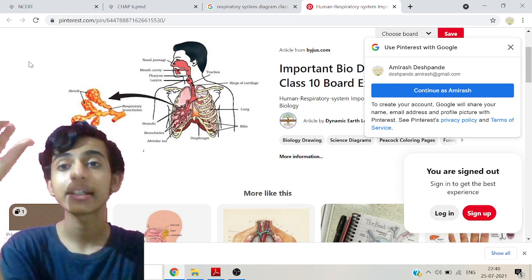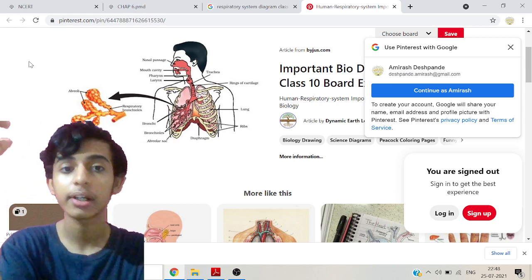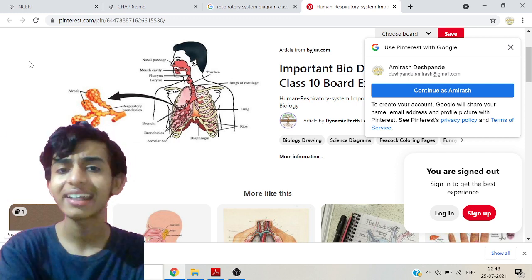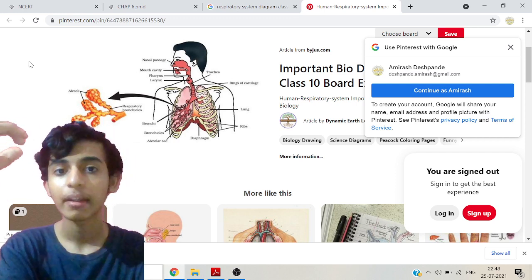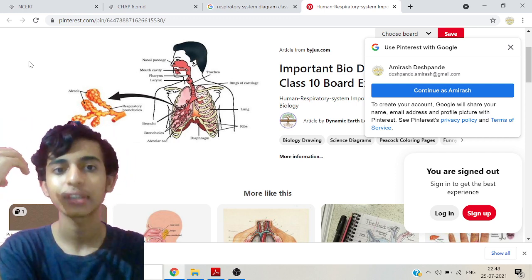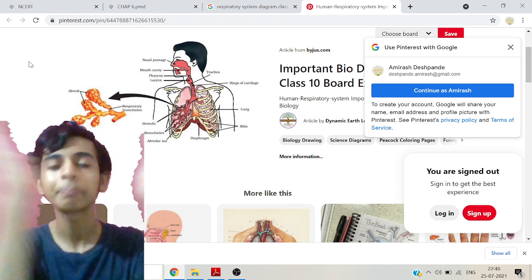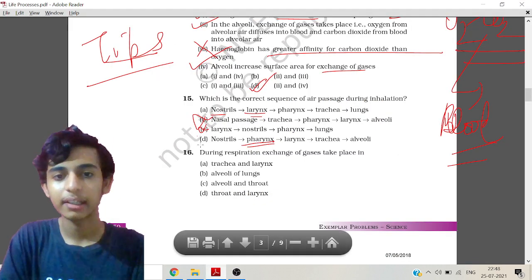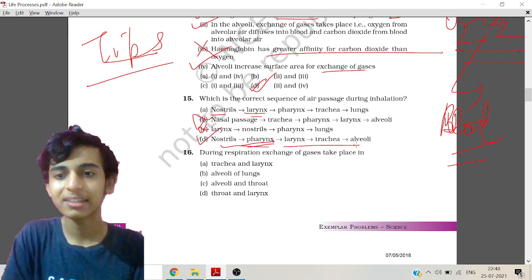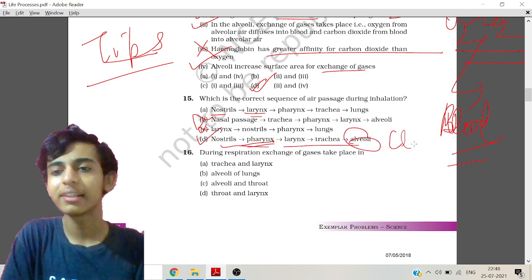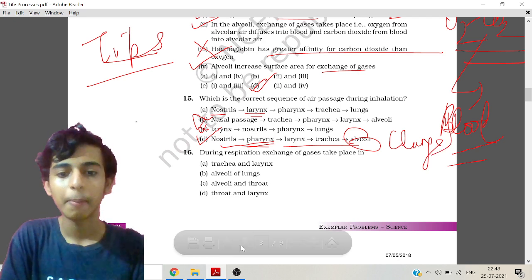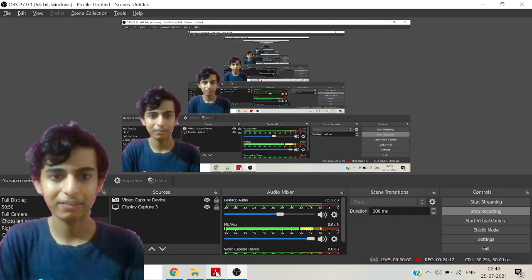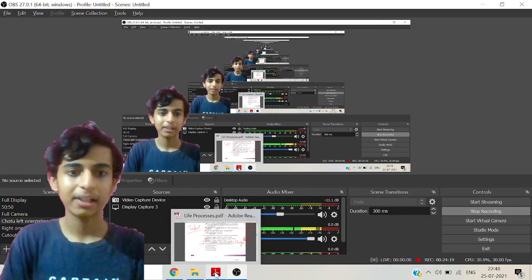And there is a structure known as epiglottis on your trachea to prevent food from going into the trachea. It has to go to the esophagus. So the correct answer I've told you, that is D. Nostrils, pharynx, larynx, trachea, alveoli. Alveoli are in the lungs only, so no need to be confused, because alveoli are there in the lungs.